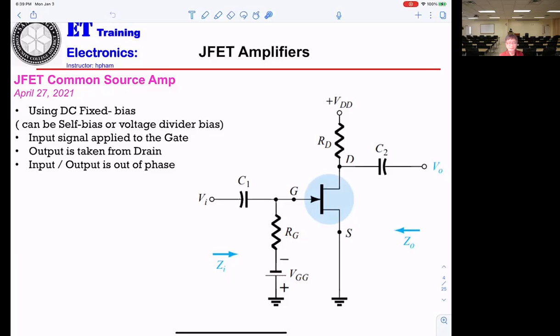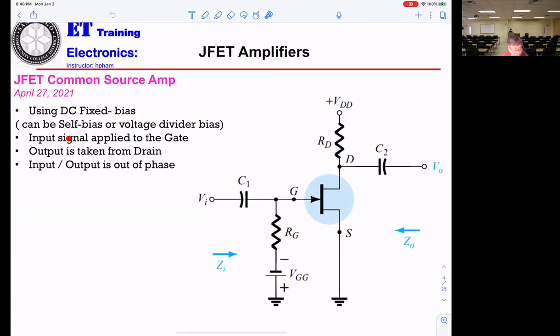If you don't know what type of bias, you cannot do the DC calculation before you can do the AC.